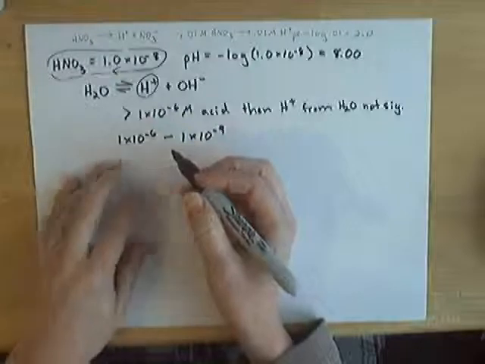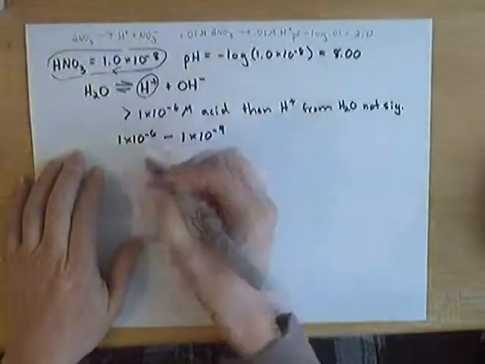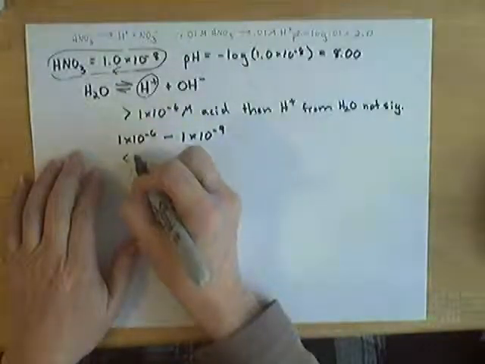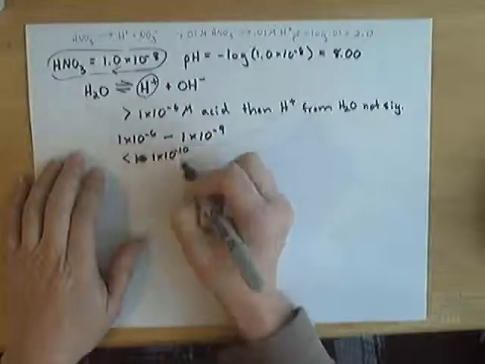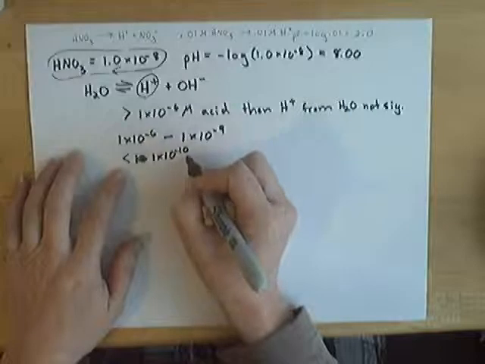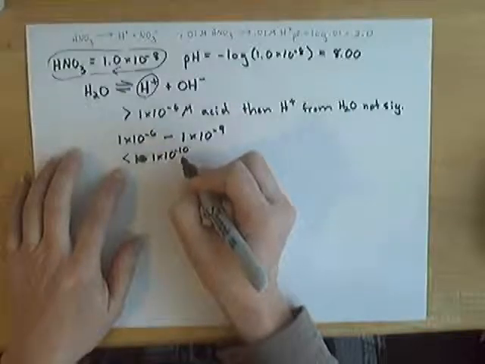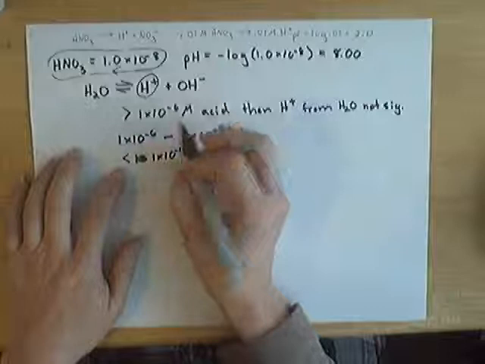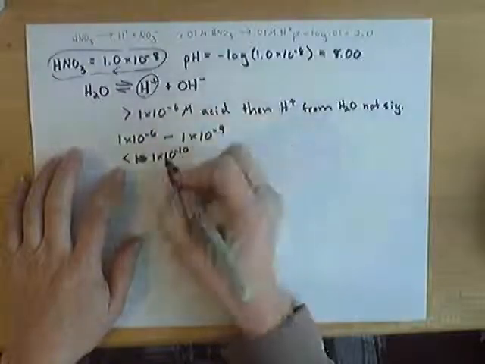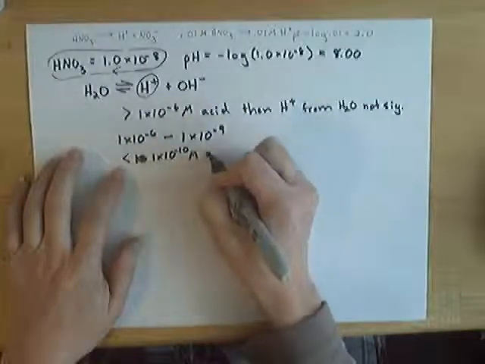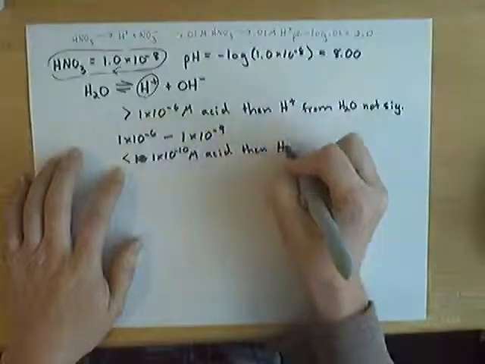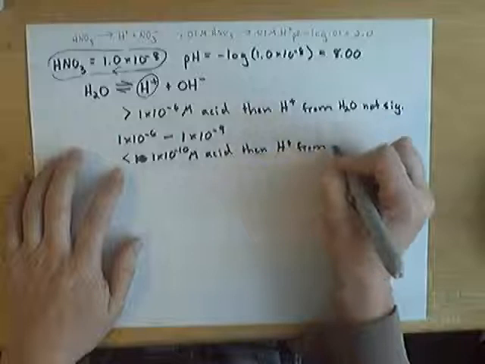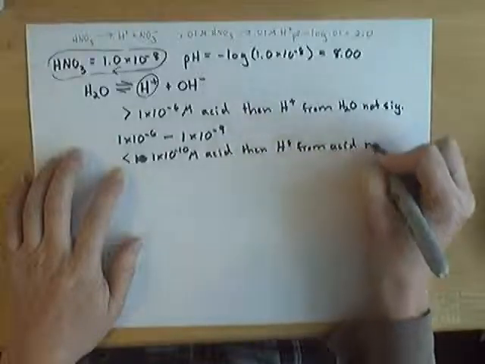What if your concentration of acid is even lower than that? All right, if your concentration of acid is even lower than that, like say 1 times 10 to the negative 10th, then this amount of added acid is actually totally unimportant compared to the H+. All right, so if your concentration of acid is even lower, then H+ from the acid is not significant.